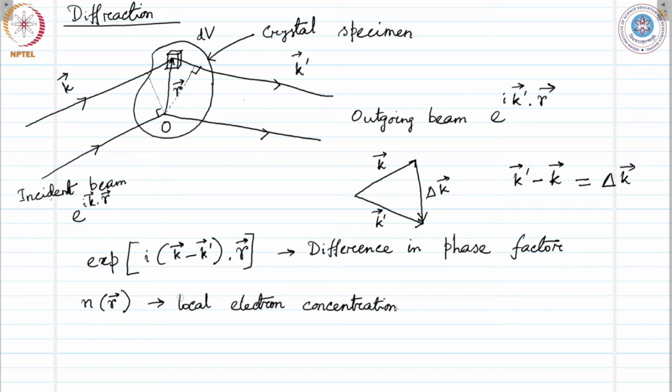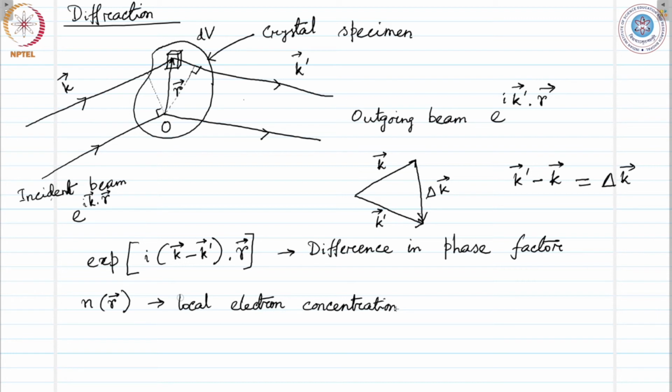It's no longer the arbitrary function that we have considered in case of Fourier transform. So this is the local electron concentration, and when some photon gets scattered, its scattered amplitude depends on the local electron concentration in there. So n(r) is going to be important.